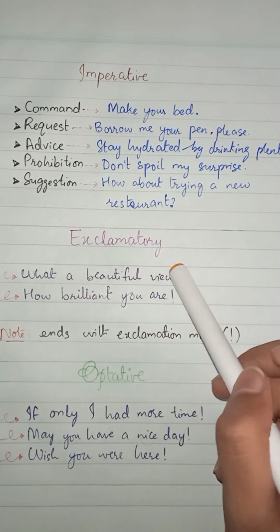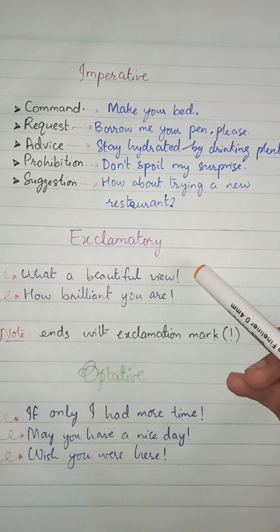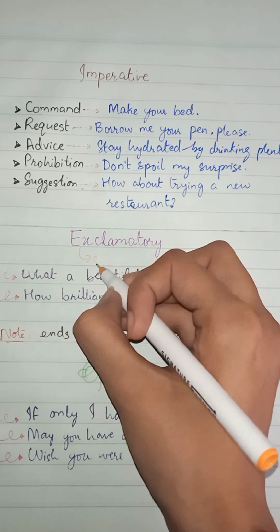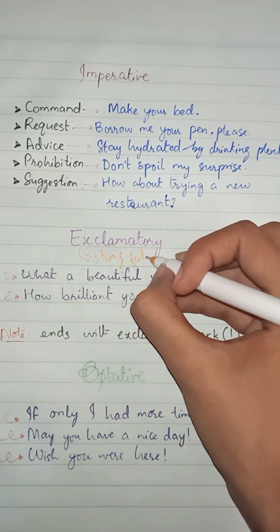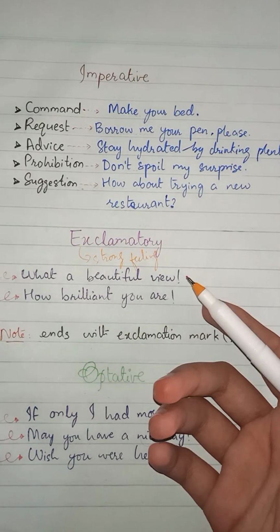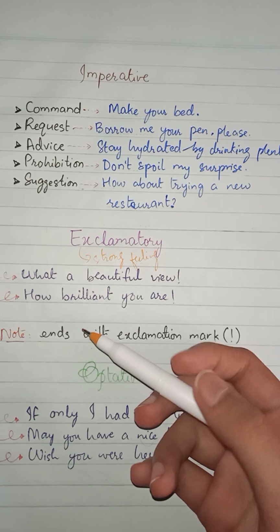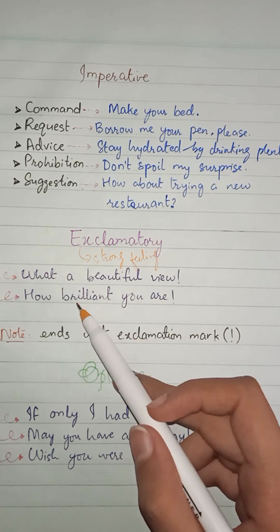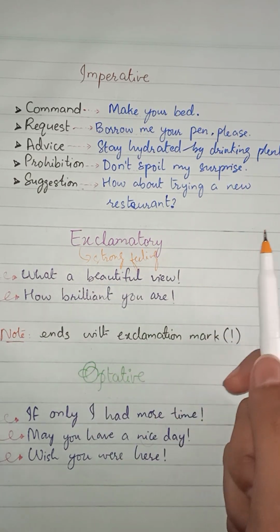Okay, the fourth type of sentence is the exclamatory sentence. It expresses a strong feeling. A sentence that expresses a strong emotion, emphasizes something, is an exclamatory sentence. For example, what a beautiful view, or how brilliant you are.